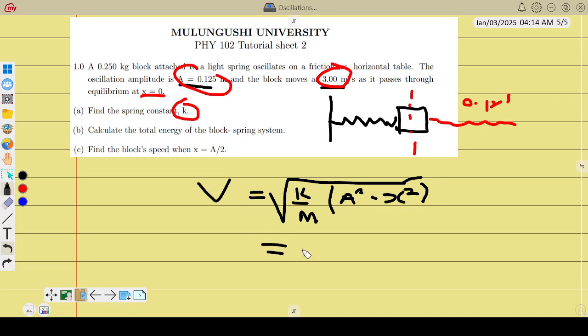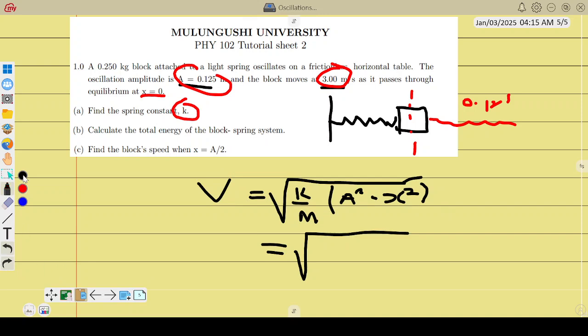The spring constant is what we want to find, and we have everything else: the mass, the velocity, and so on.